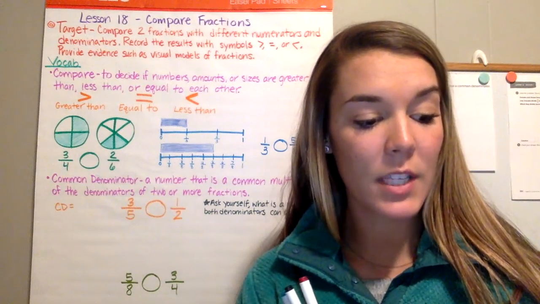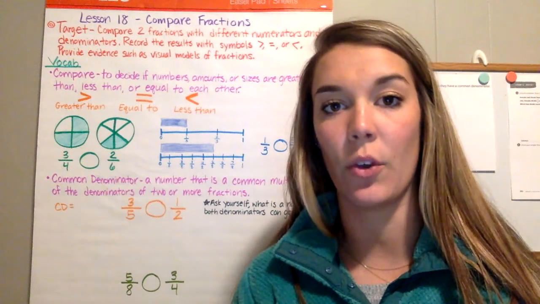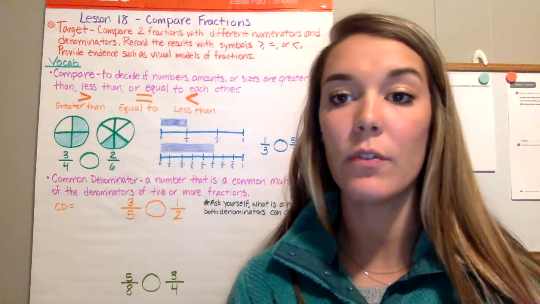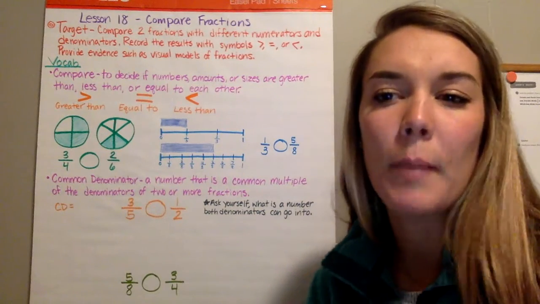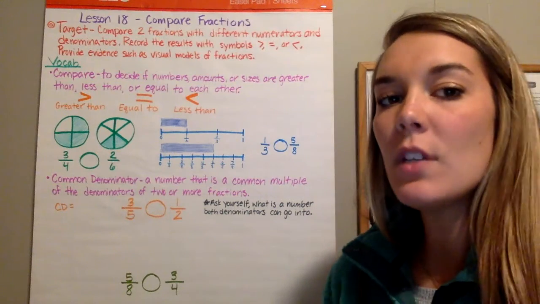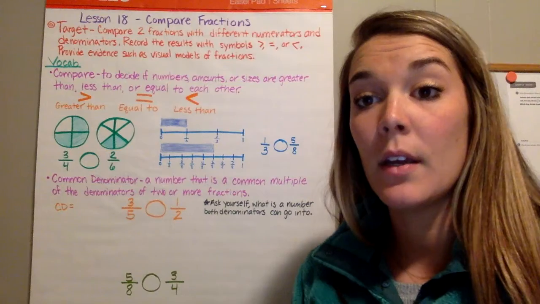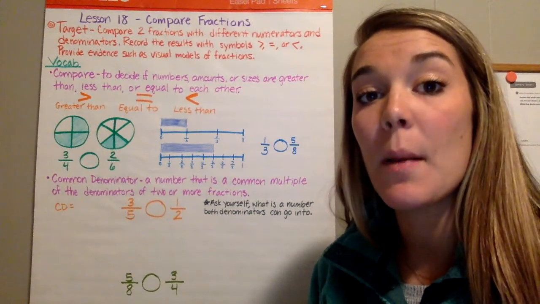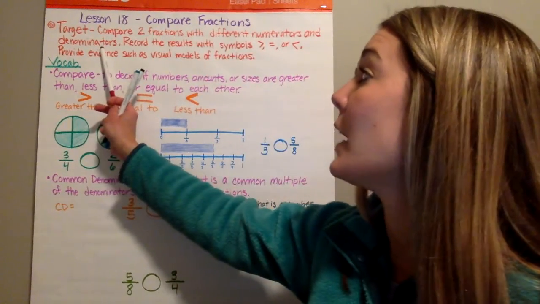Then, right now, together we're going to do pages 381 and 382. Before we jump right into the pages, I'm just going to review a few things that the family letter told a little about, okay? So, first of all, the target or our goal for doing this lesson is so that hopefully we will be able to compare two fractions with different numerators and denominators.